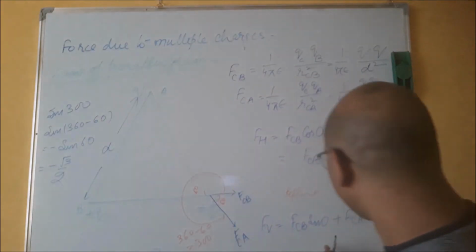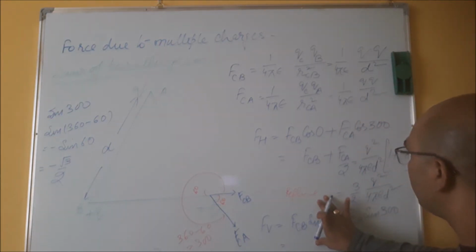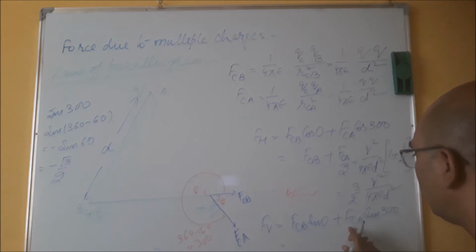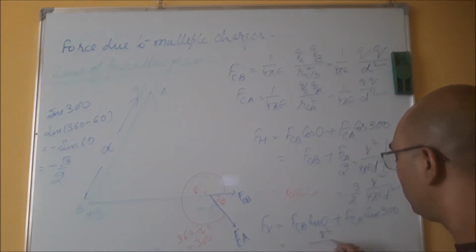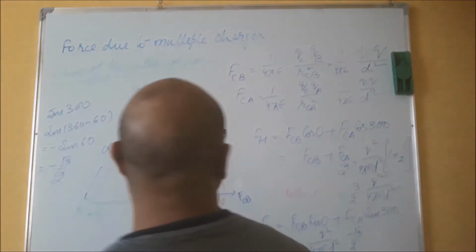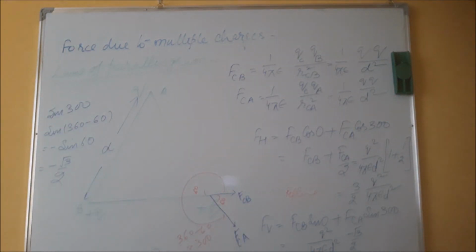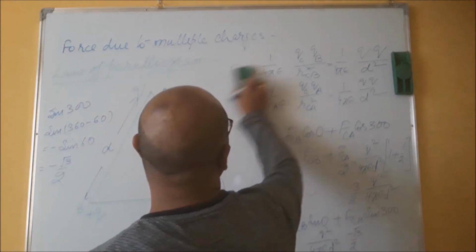So what can I do here? Sine 0 is 0, so this term will be 0. And here what will we get? The value of FCA is q square upon 4 pi epsilon d square into minus root 3 upon 2. Is it okay? So now what will be the total force?